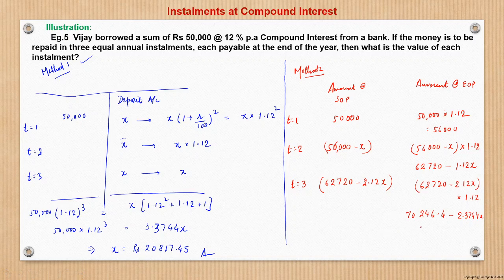Now at the end of the third period, a further amount x is being deposited, so this will get further reduced by x.